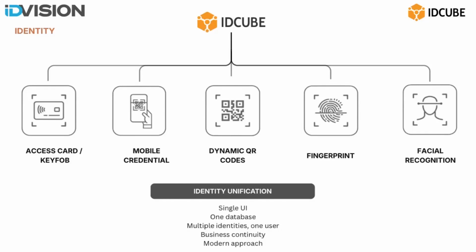So let's say Hussein is an employee of IDCUBE. He has fingerprint also enrolled, he has a card also enrolled, he has a digital dynamic QR code also. So whenever I go to these multiple devices, I just show my credential and it identifies and links it to me, Hussein.